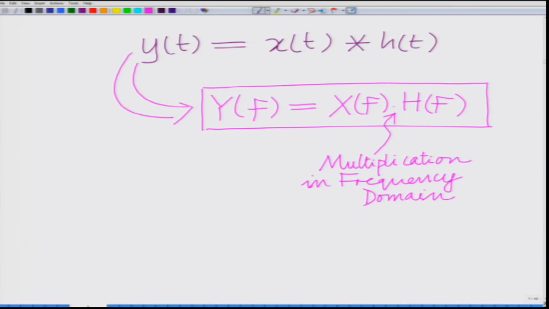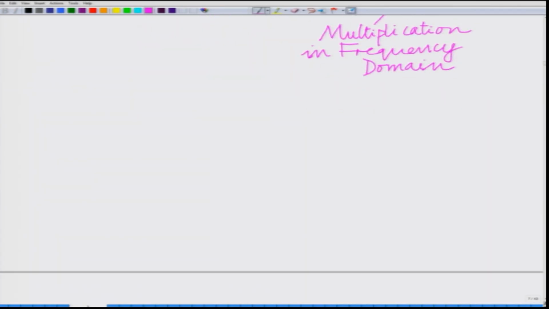All right. Now, let us look at another concept, that is the cross correlation between two signals. So, we will start looking at another concept, that is the cross correlation.